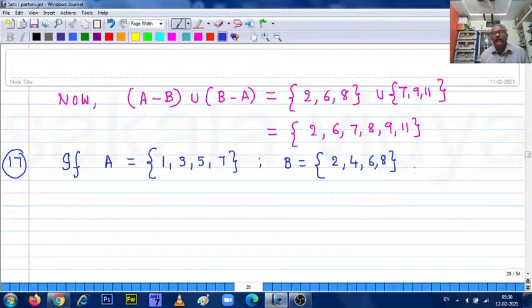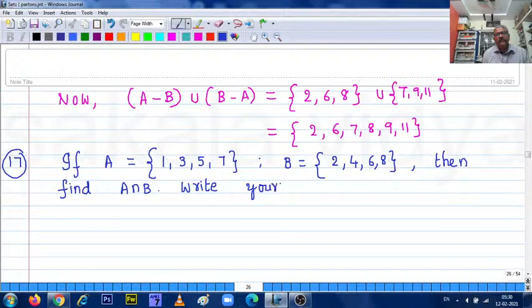Then find A intersection B. Write your observations. So what do you notice, or what do you observe? First simply find out the intersection of these two sets, A intersection B. Then your observations need to be written.